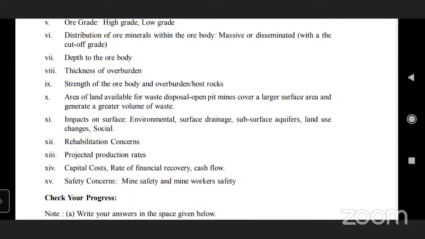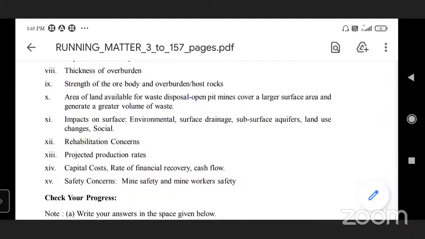In these safety concerns, mostly mine safety and mine workers' safety: how safe the mine is and how safe the people working in the mine area are. Mine worker safety is also one of the important aspects, to cover the people who are working in the mine.